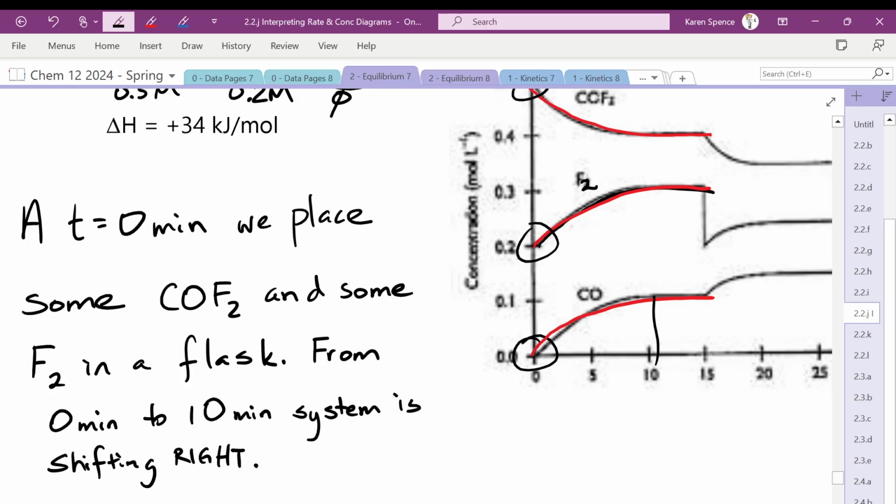At 10 minutes, we have reached equilibrium. How do I know? Because at 10 minutes, those lines become flat. The concentrations stop changing.